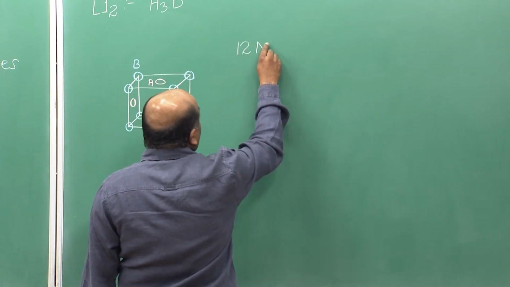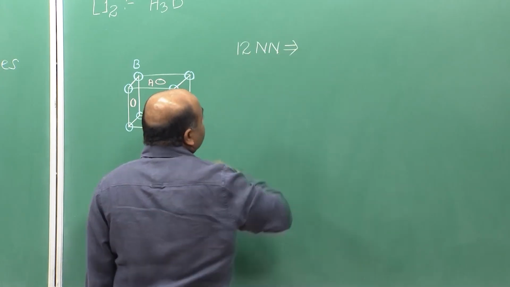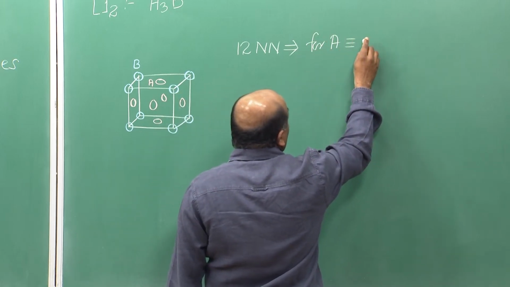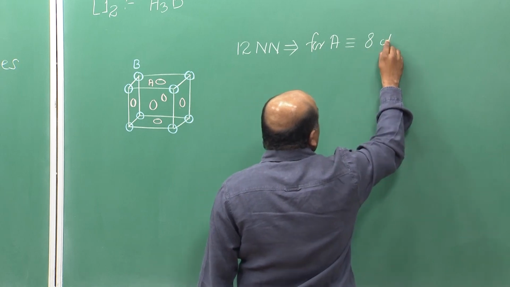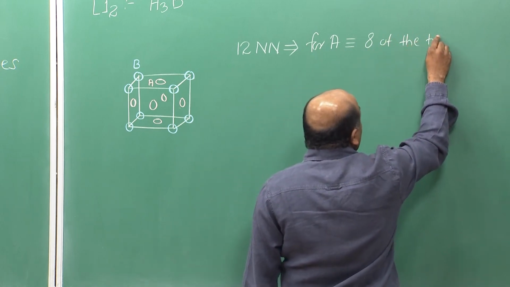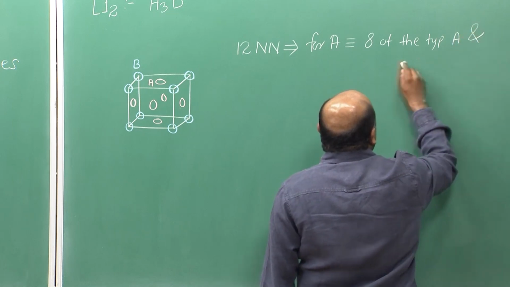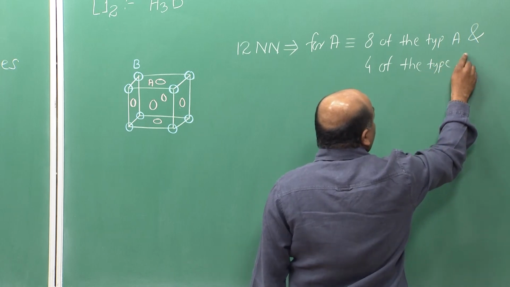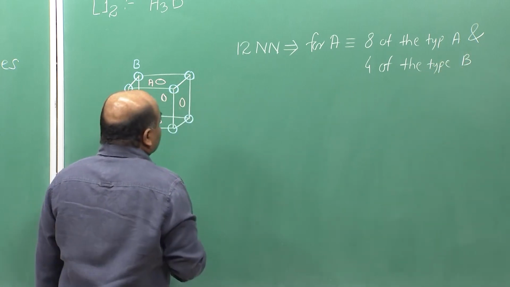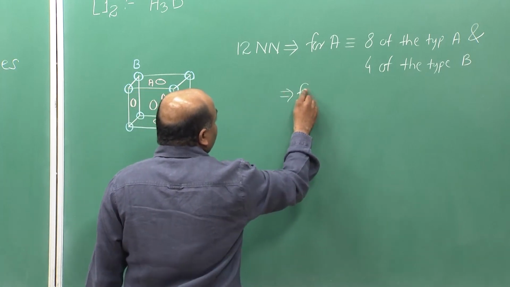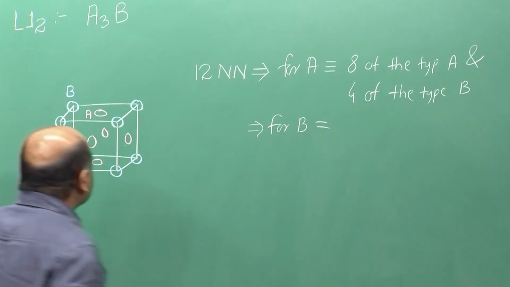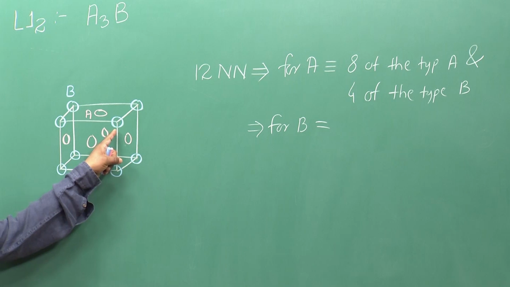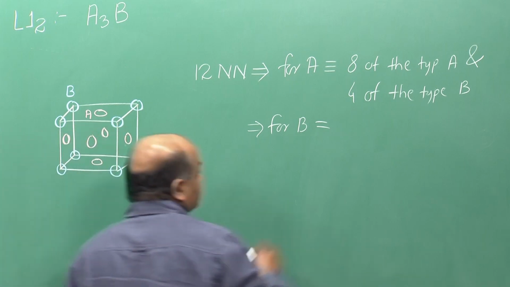So, 12 nearest neighbors for A, 8 of the type A and 4 of the type B. Whereas, for B you can visualize any B atom, all 12 nearest neighbors for any B atom are A atoms.